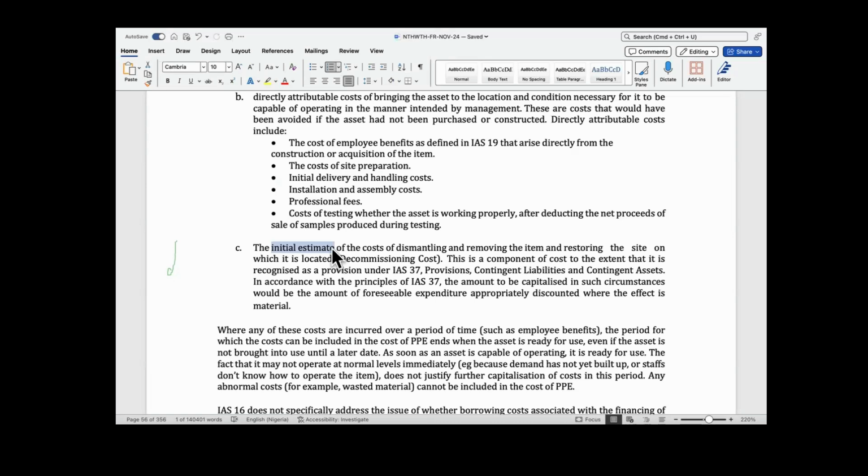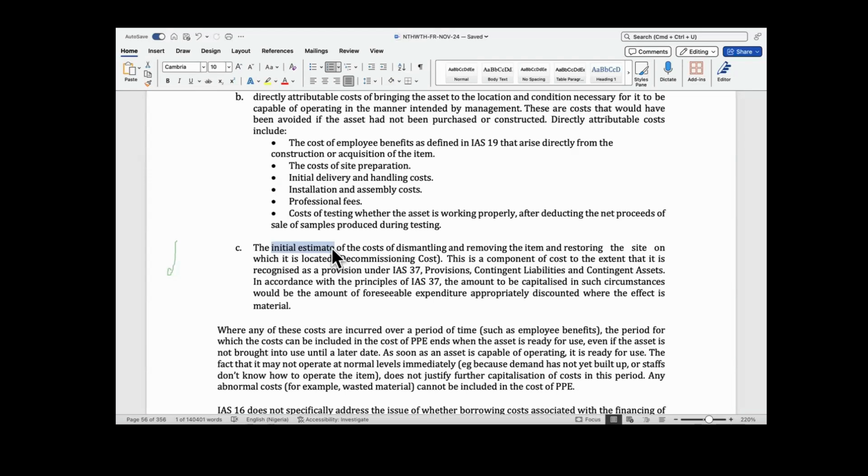But the way ICAN is asking questions these days, they have advanced. They don't really require you to do that formula. The formula is (1 plus r) raised to power minus n. By the time you multiply that by the future value given to you, you get the present value that you recognize in your books.